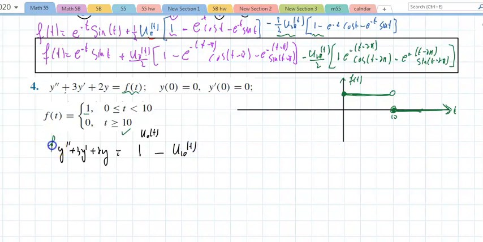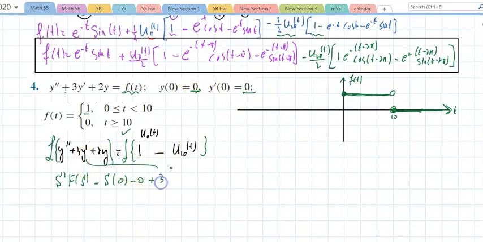If I apply the Laplace on this, here I will get s squared times F of s minus s times 0 minus a 0. If these are 0, you're going to only get the F function plus 3 times F of s minus a 0 plus twice F of s. So if the initial conditions are all 0, this is very quick and easy. You simply get F of s times the characteristic equation.